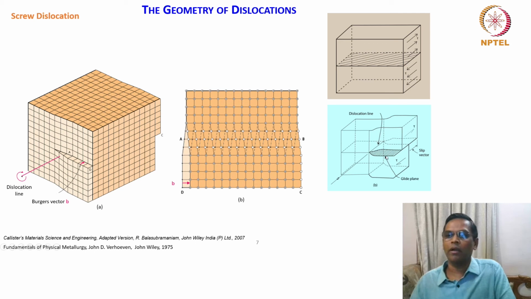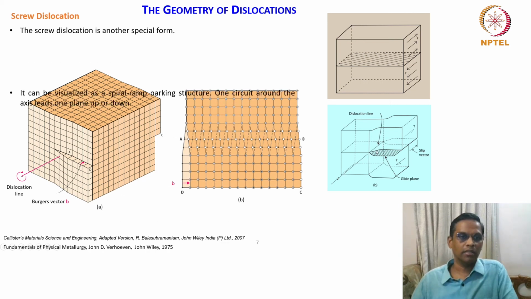Compare this glide plane with what is shown for the edge dislocation. This is the dislocation line, and with respect to B, it is parallel. This is one of the characteristics here.